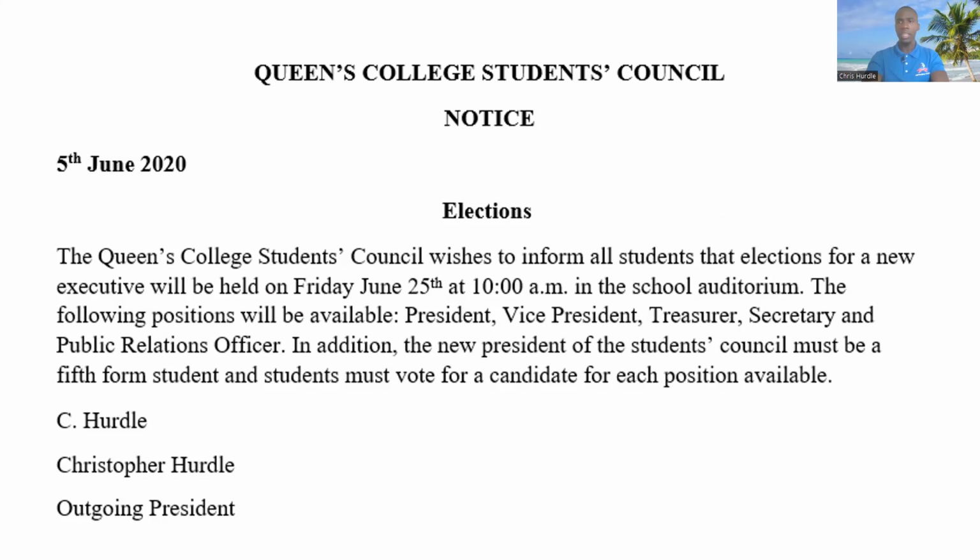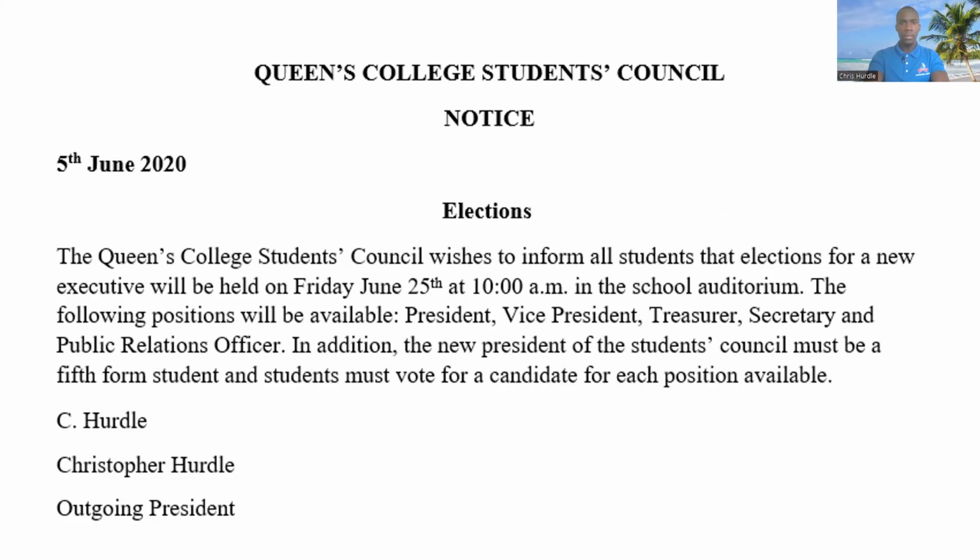So that's all the information that they give you. Don't need to include anything more. All right. You place your signature, then you put your name, and then you put your designation. So you are the outgoing president. You're writing this notice on behalf of the Queen's College Students' Council, of course, who are representing that entity, and you would put outgoing president, right?